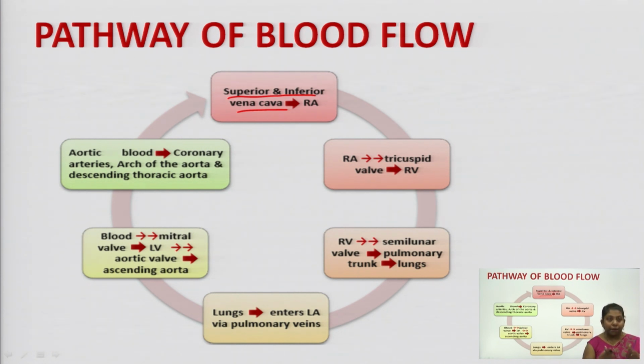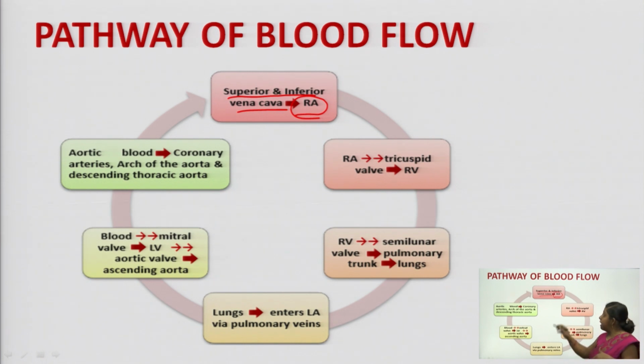They are collecting the blood and dropping your blood into the right atrium. That is the first portion. Fine. Your blood flow starts with the right atrium, where the blood is being dropped with the help of superior and inferior vena cava.